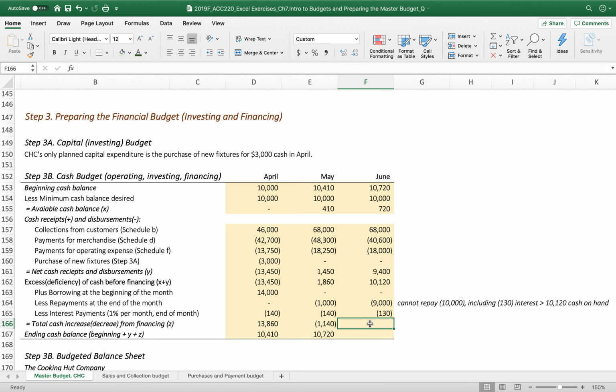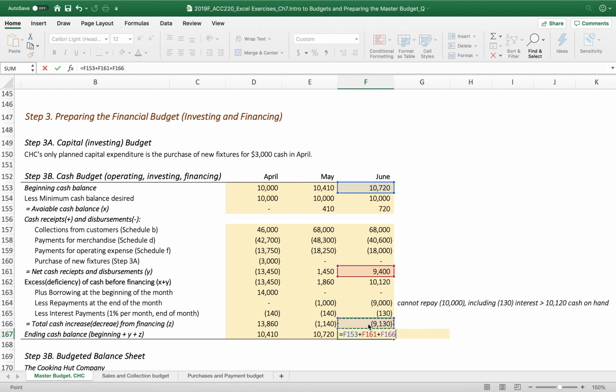So the total cash decrease from financing is the sum of these two, right? So 9,130 is total cash decrease from financing. So what is the ending balance? So the beginning plus the net cash disbursement 9,400 plus 9,130.